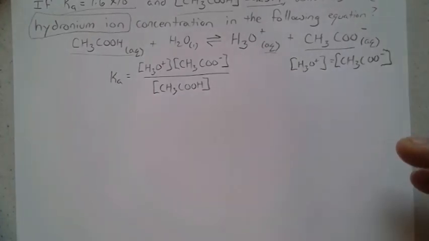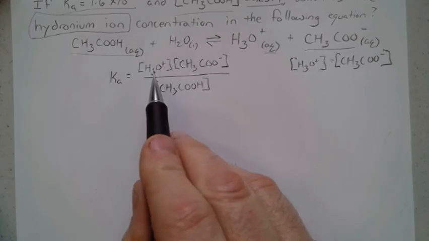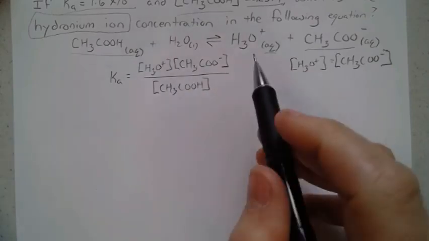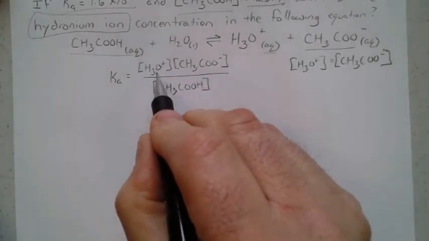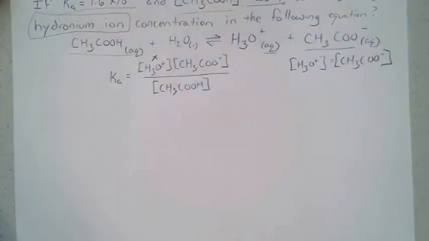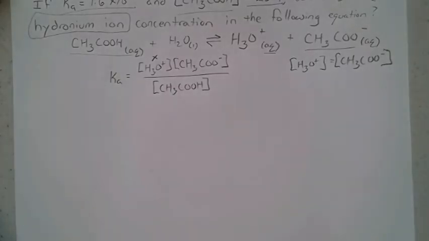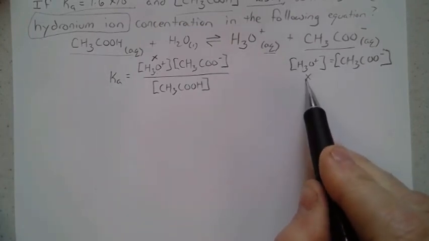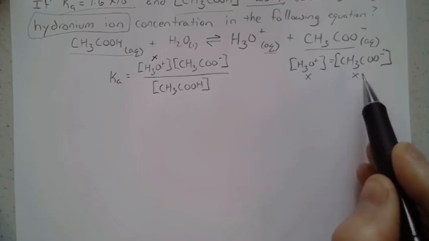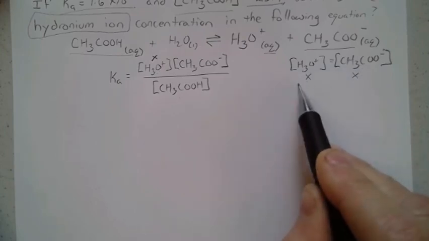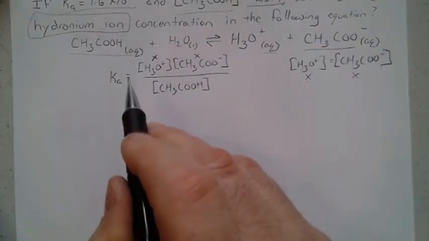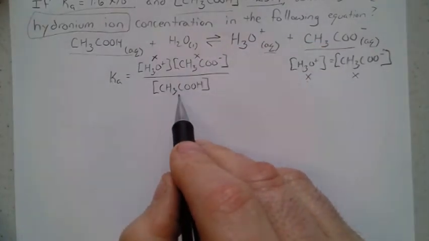Since I'm solving for those, I'm going to pull a trick from algebra: this is what I'm solving for, so I'm going to make that x as a placeholder. And if that's x, that means this is x as well, since they're equal to each other.